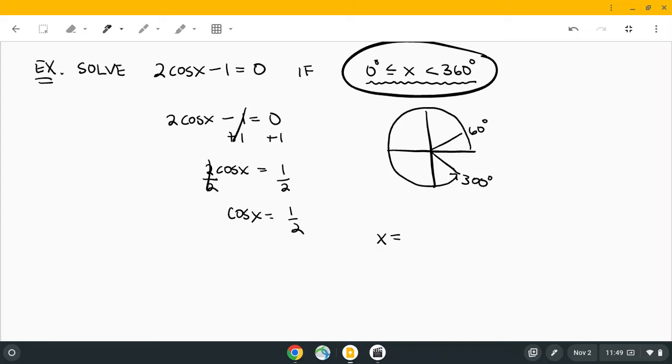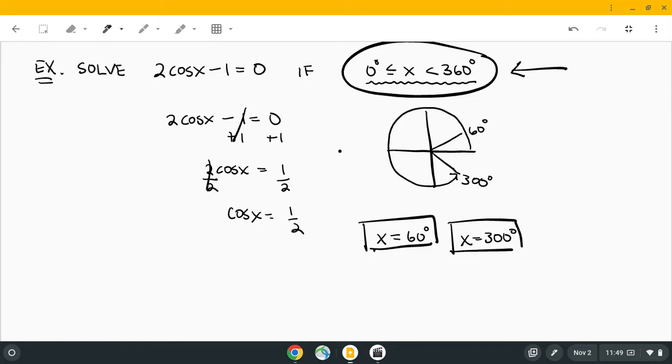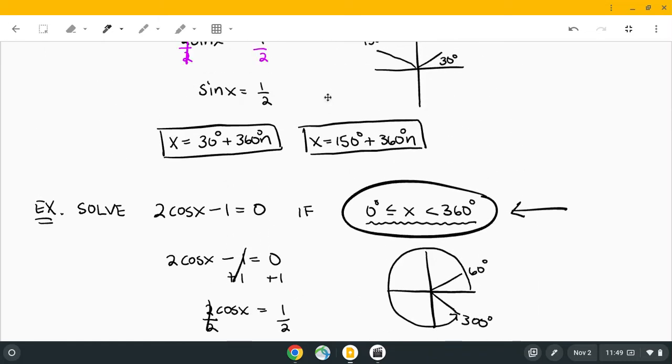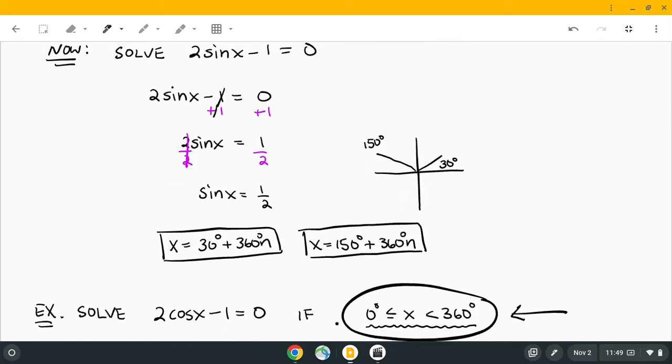So x is, you only want the x values that are between 0 and 360. So that would be 60 degrees and 300 degrees. We don't have to write it the way we did in the previous example. If you notice up in this previous example, it didn't have the condition here.